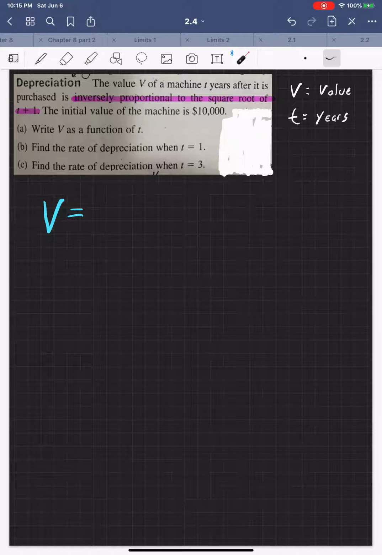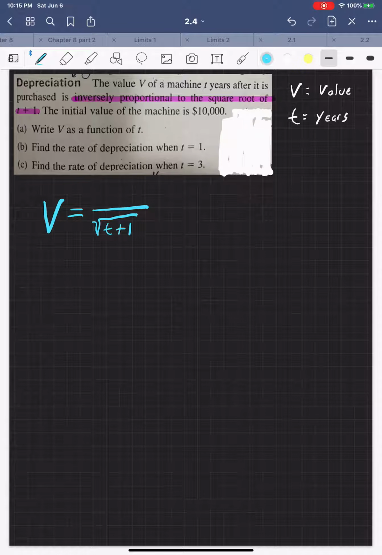I'm going to get back to what proportional means in just a second. But inversely, you would be thinking some type of multiplicative inverse, right? Some reciprocal. So inversely proportional to, and we know how to write the square root of T plus 1. So over the square root of T plus 1.